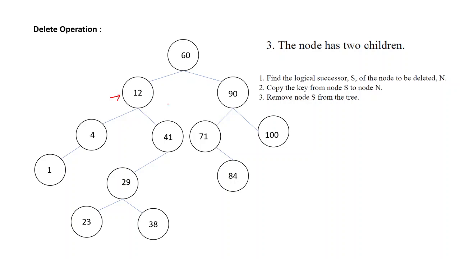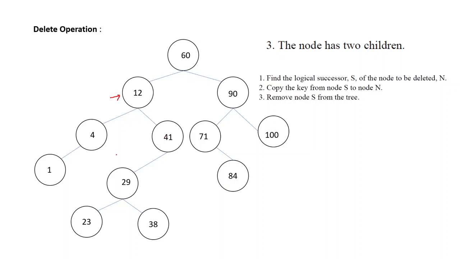As we know, the right subtree contains all the values higher than a particular node, therefore we will have to go through the right subtree of this node to be deleted.